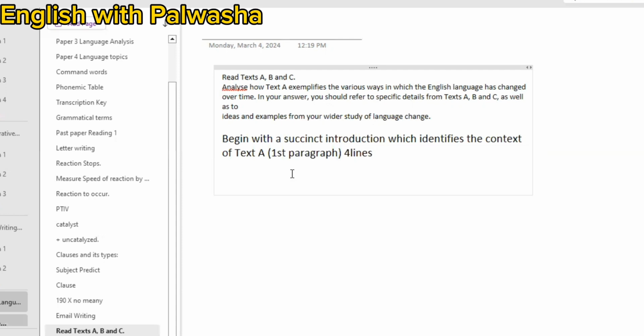Got my point? Next, what we need to do is give, in the second paragraph, an immediate reference by using a linguistic approach.